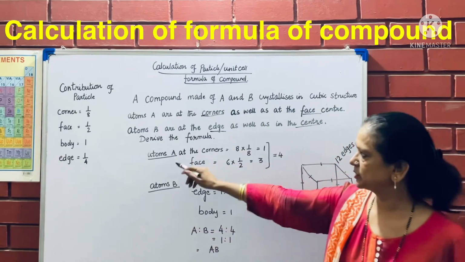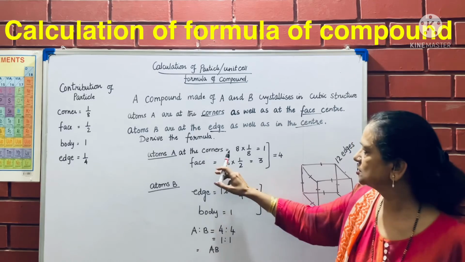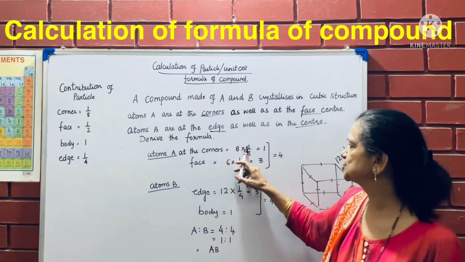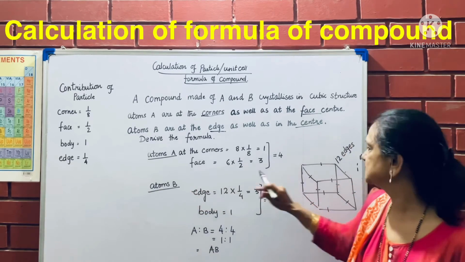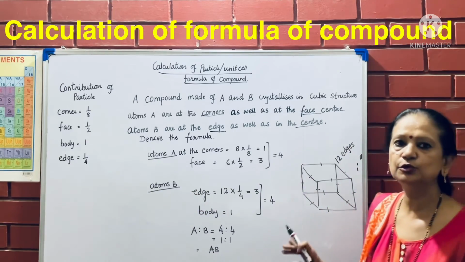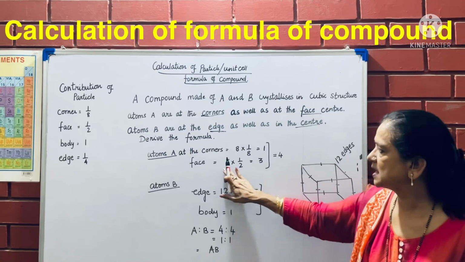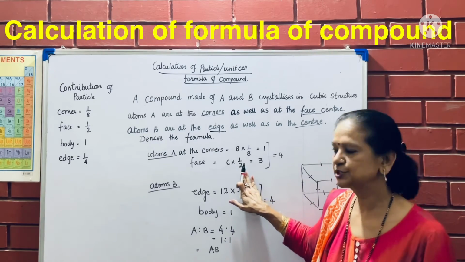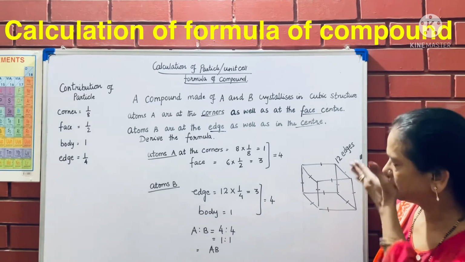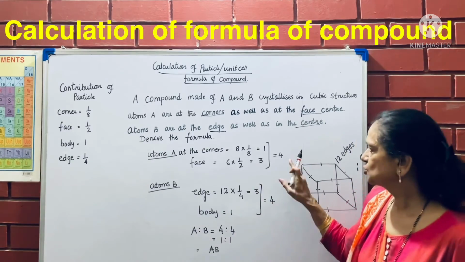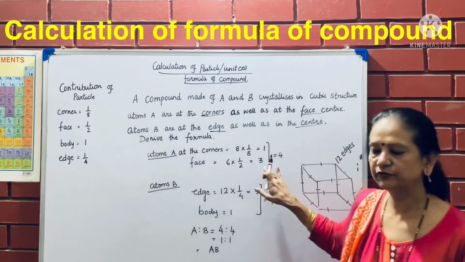So like we were calculating, atoms A at the corners means there are 8 atoms. Contribution of each one is 1 by 8. So it becomes 1. At the face, there are 6 faces in a cube, 6 atoms. Each one's contribution is only half, so it becomes 6 multiplied by 1 by 2, so it becomes 3. Total number of A atoms is 4.